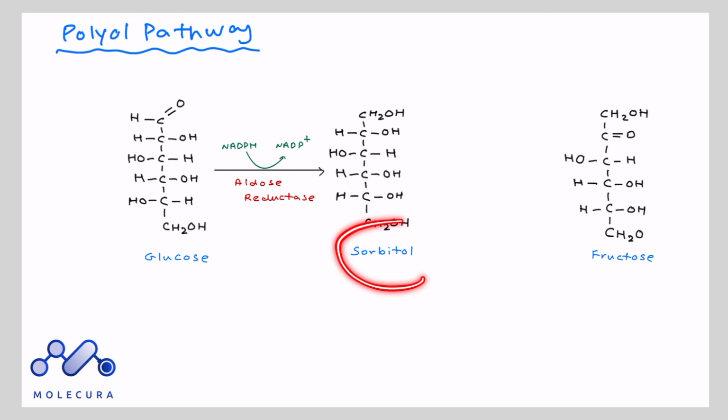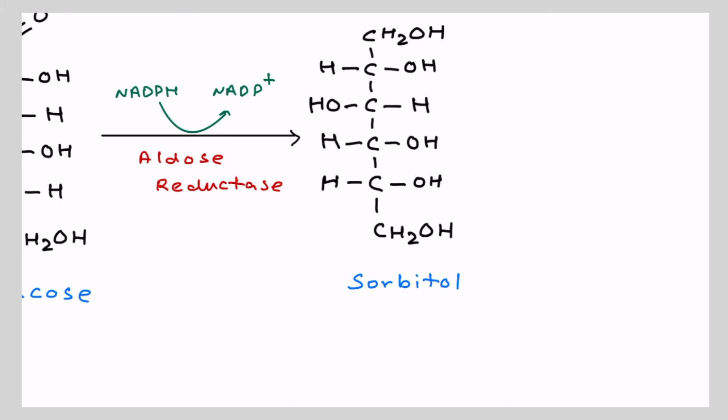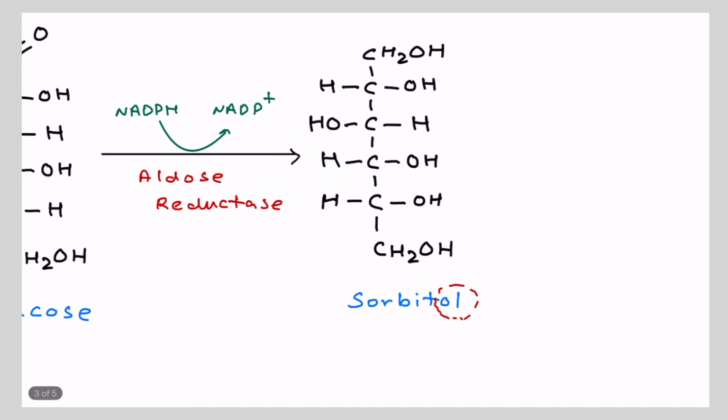Now, this intermediate sorbitol, it's what can cause pathologies. And we can see here that the name of this molecule as we have is sorbitol. This OL at the end is indicating that this is an alcohol. An alcohol is the molecule that on all of its carbon backbones, it has a hydroxyl group.